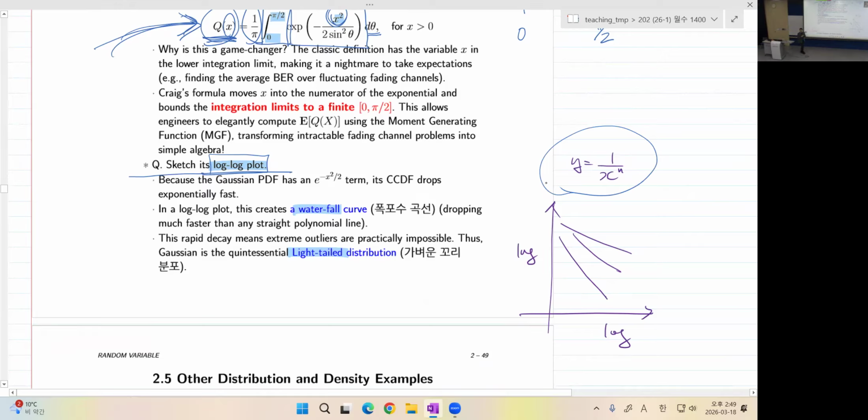Suppose y equals 1 over x raised to the power of n, and n is an integer. What will happen in the linear axis? You know the shape, right? Everything looks like that, for 1 over x, 1 over x squared, 1 over x cubed.